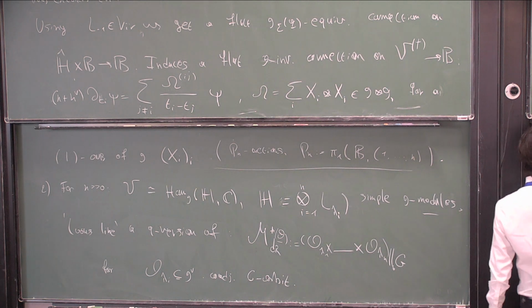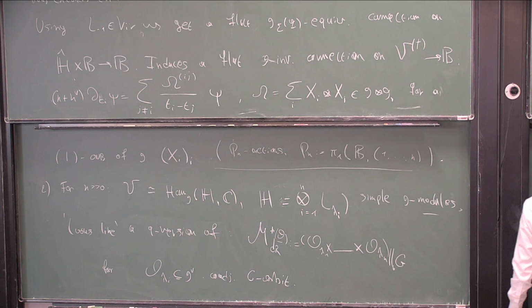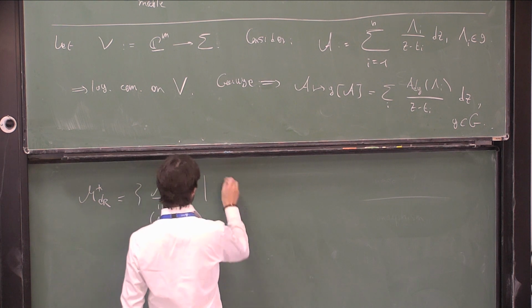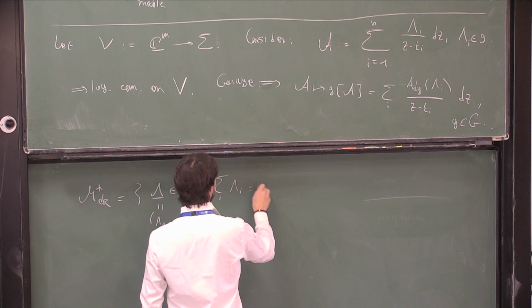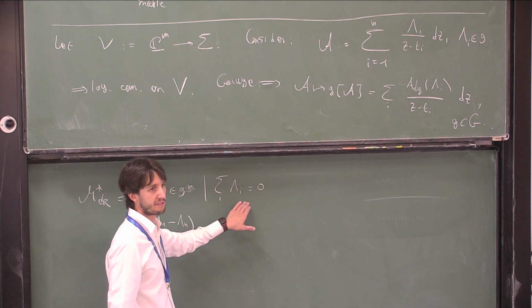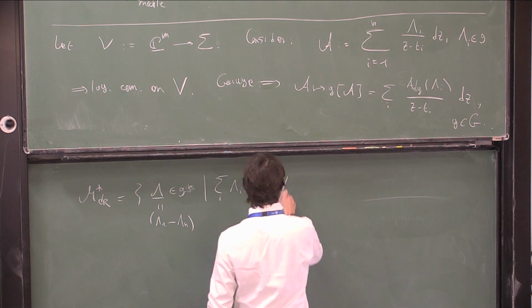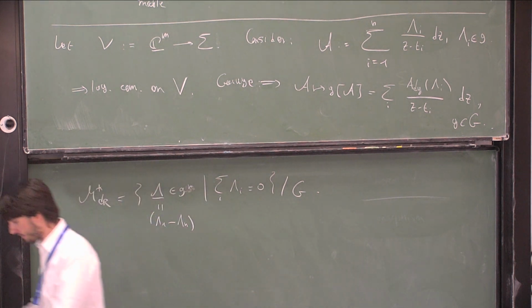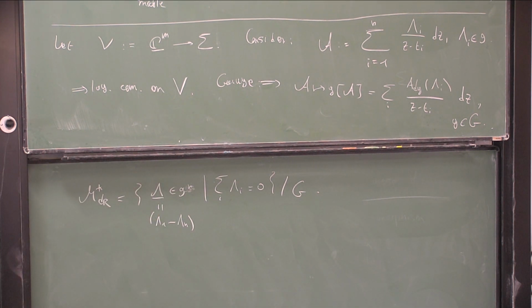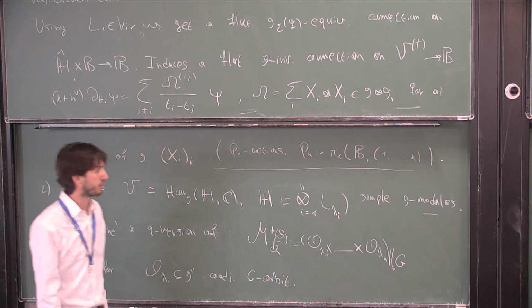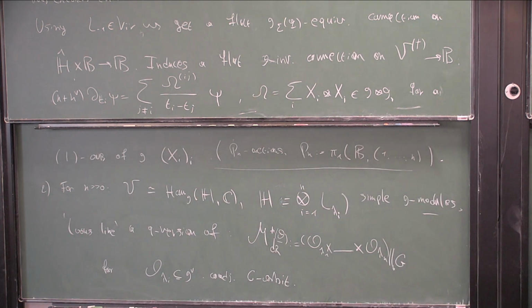So we get to the Poisson version of the moduli space, which is just the space of tuples of residues like this, such that their sum is 0, because I want to have no residue at infinity. I really want to have simple poles only at the marked points, and then I kill the G action. And this is some singular Poisson scheme, I don't know. Anyway, I'm going to take the symplectic version soon.